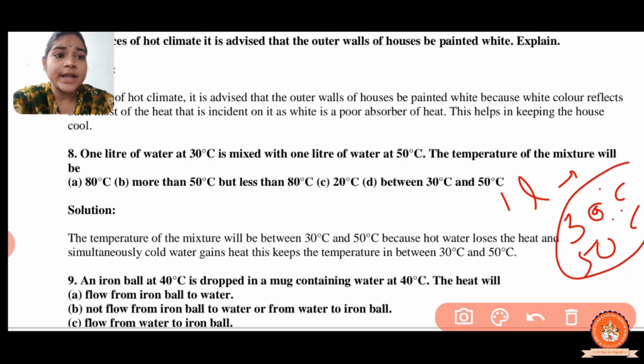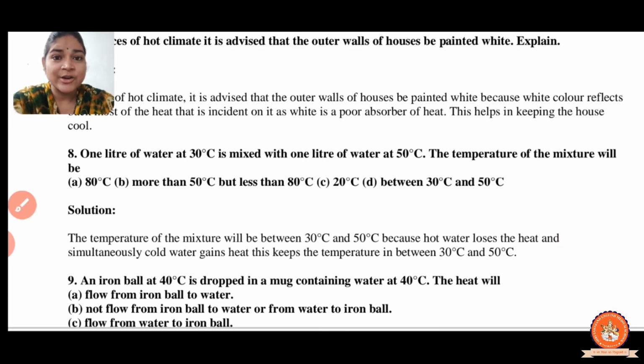So the temperature of the mixture will be? The options given to you are: A, 80 degrees Celsius; B, more than 50 degrees Celsius but less than 80 degrees Celsius; C, 20 degrees Celsius; and D, between 30 degrees Celsius and 50 degrees Celsius.